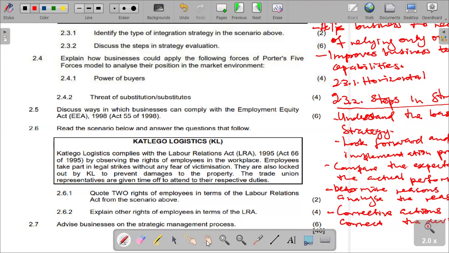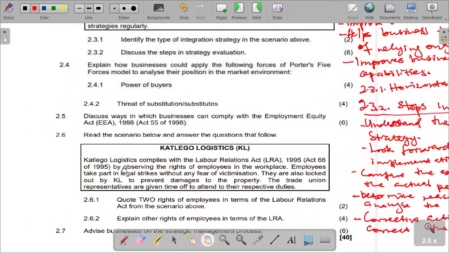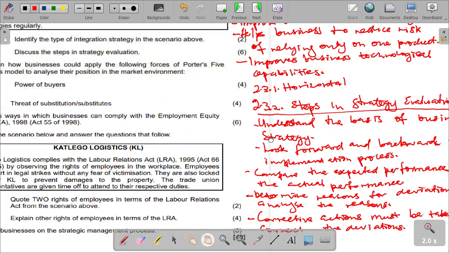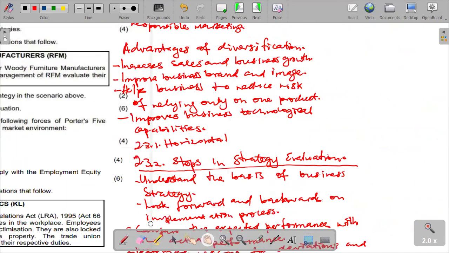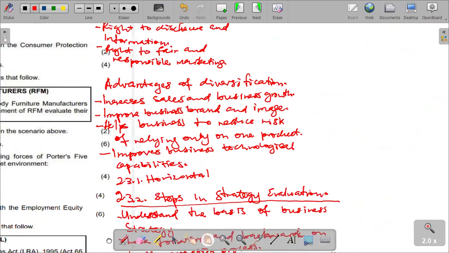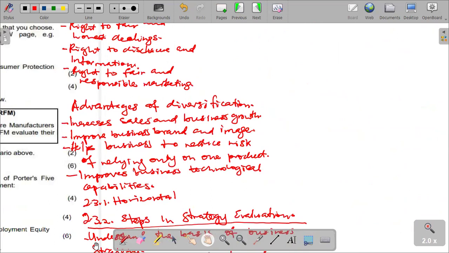Power of buyers. How could a business apply the power of buyers? 2.4.1, the power of buyers.